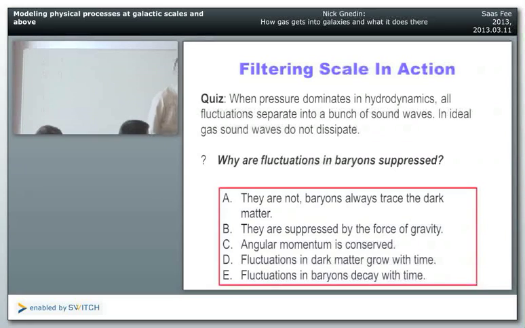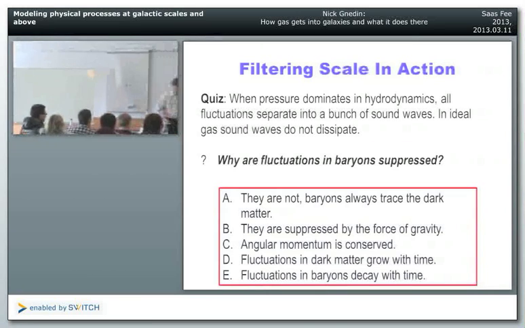No one for C. Who is for D? 1, 2, 3, 4, 5, 6, 7. About 30. Who is for E? Okay, that's about equal. So we have two parties now, D and E.